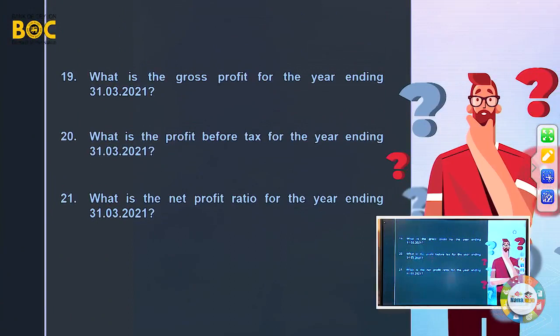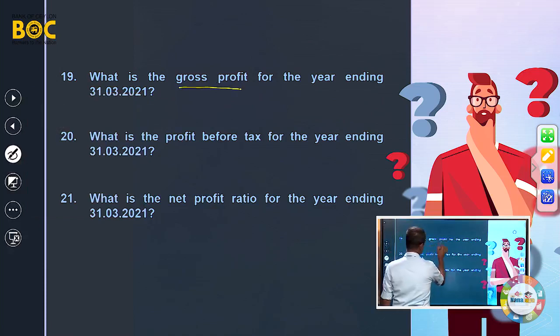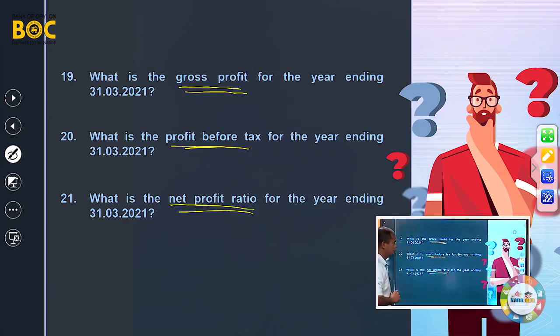You have 3 questions based on the information. What is the gross profit of the business? What is the profit before tax? And the net profit ratio.